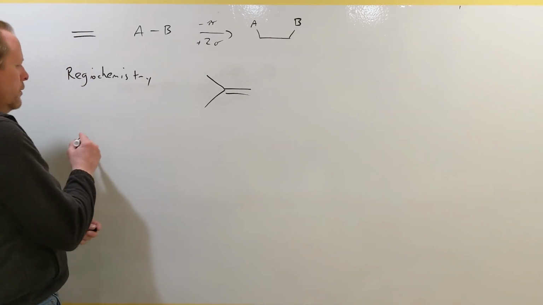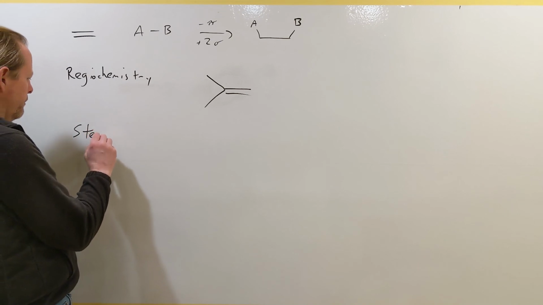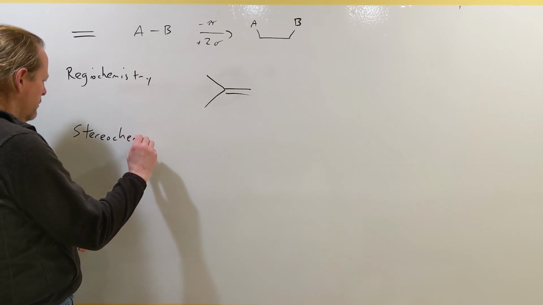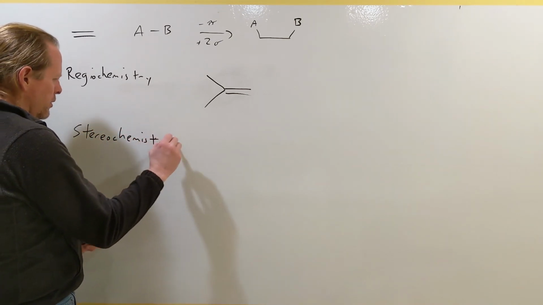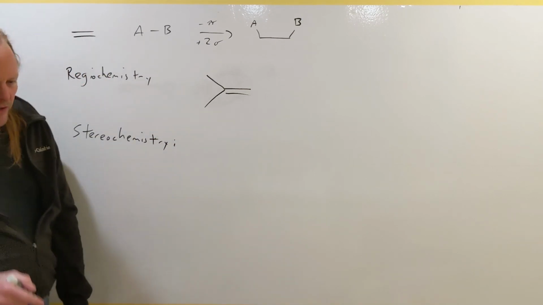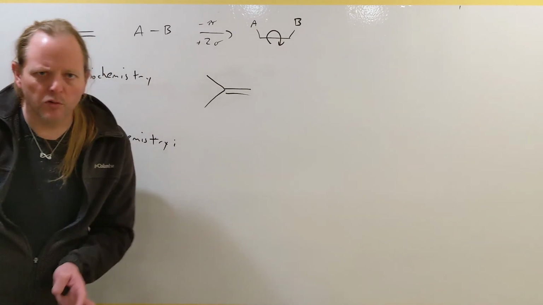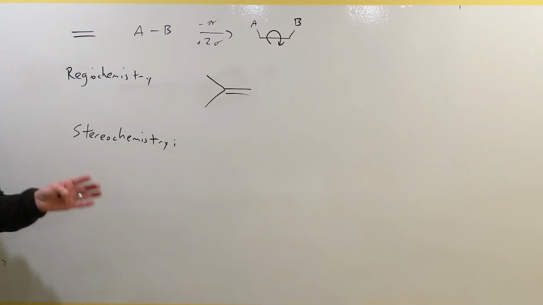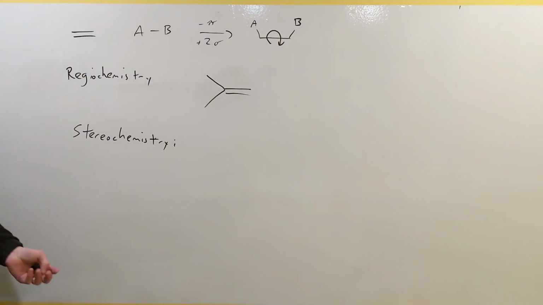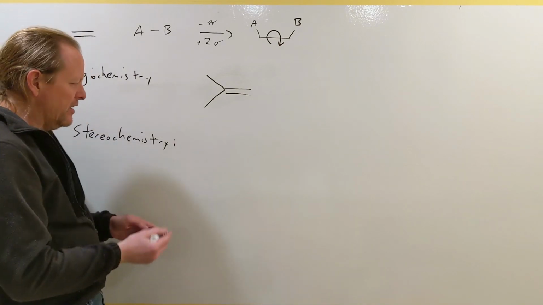That's one. Two, stereochemistry. To see that, we're going to have to cut rotation out from what was this. We don't want that bond to free rotate. So if we want to discuss the stereochemistry of how the reaction works, we're going to be looking at cyclic cases.